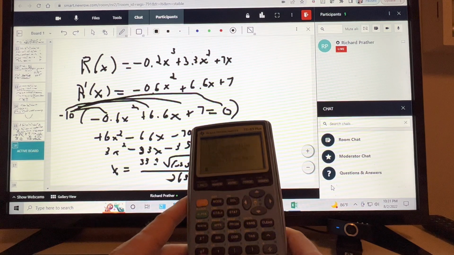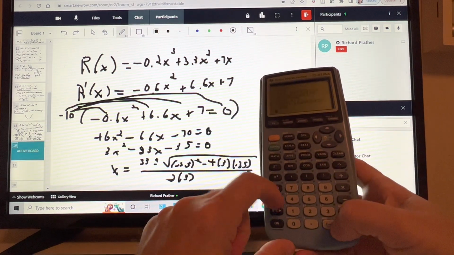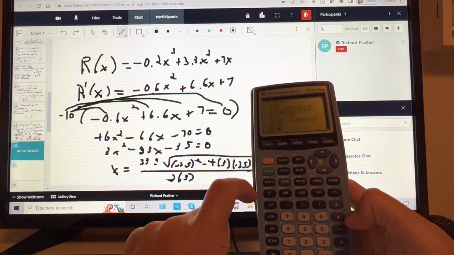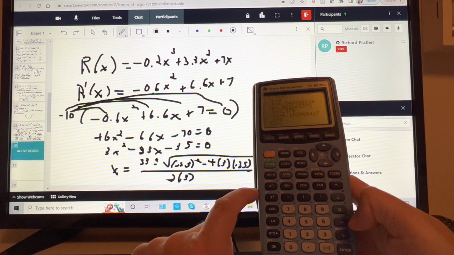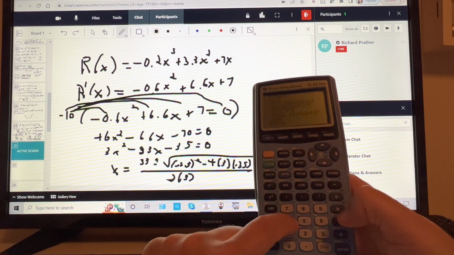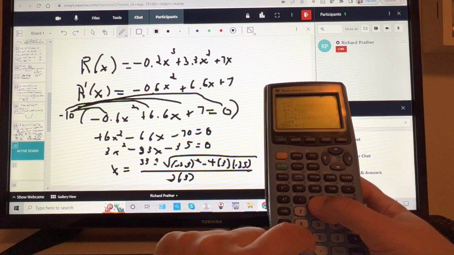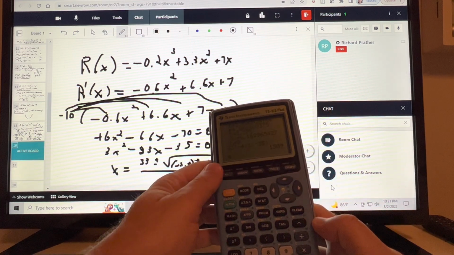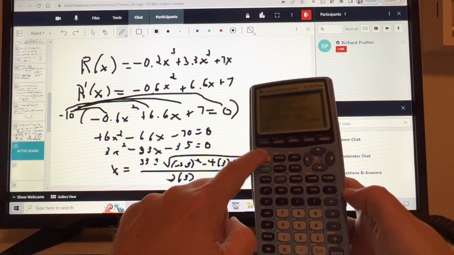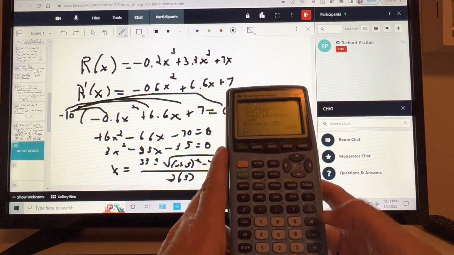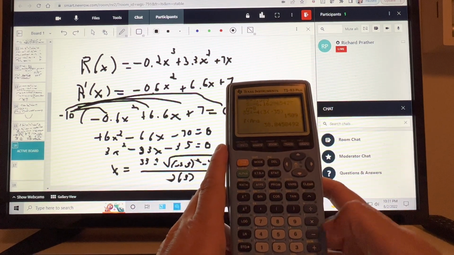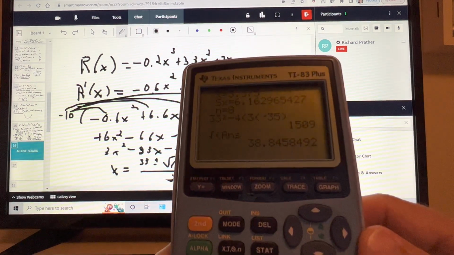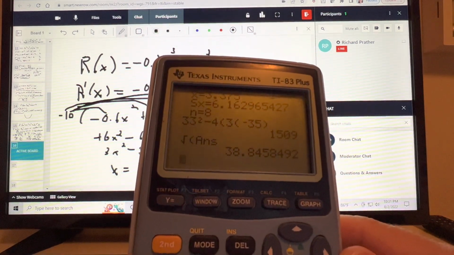I'm going to do negative 33 squared, or just 33 squared because a negative squared is also positive, minus 4 times 3 times negative 35. The inside of the radical is 1509, and that probably doesn't come out exactly as a square root. No, it does not. So I did the inside of the square root and then square rooted it.